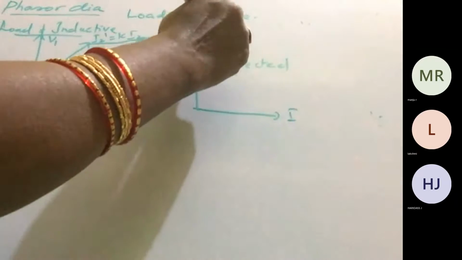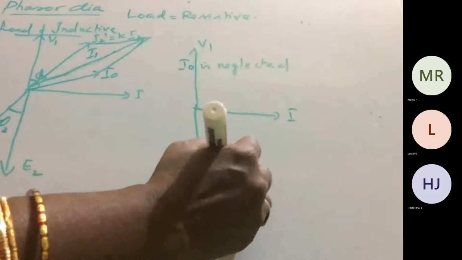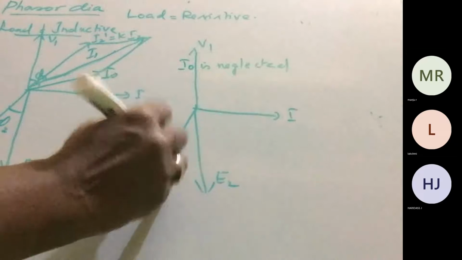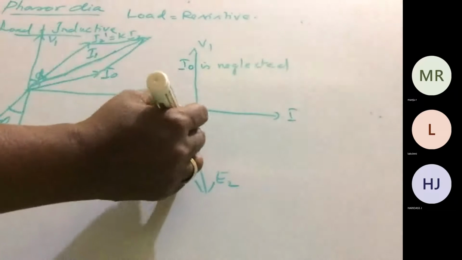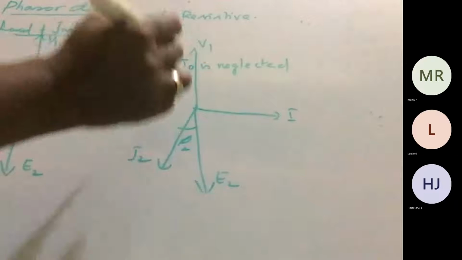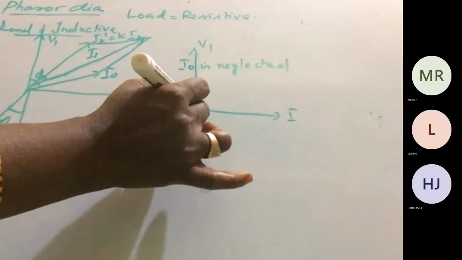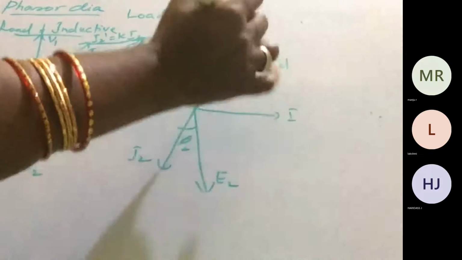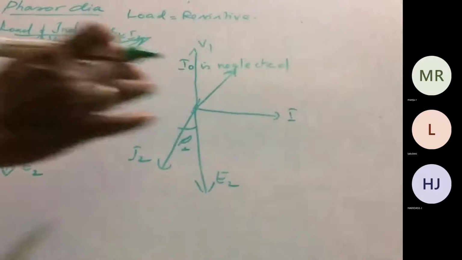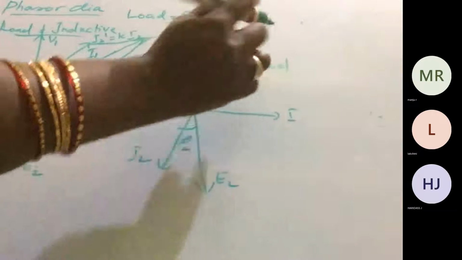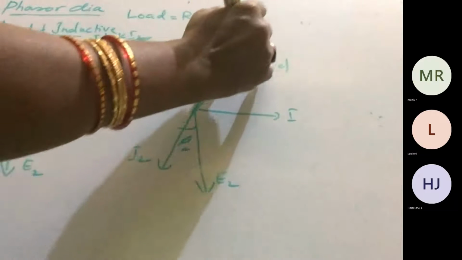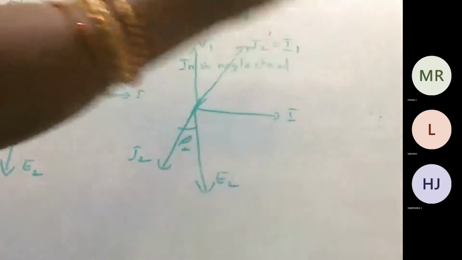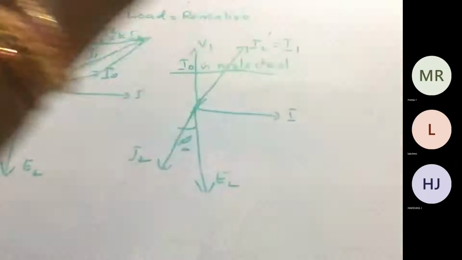V1 will be the primary voltage, E2 will be the secondary induced EMF, and I2 will be the secondary current, which lags by an angle phi 2. You have to project this; this will be I2 dash. No need of drawing the parallelogram because I0 is neglected. So I2 dash equals I1 when I0 is neglected.